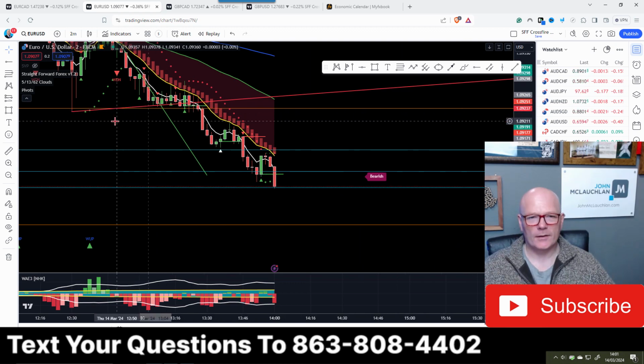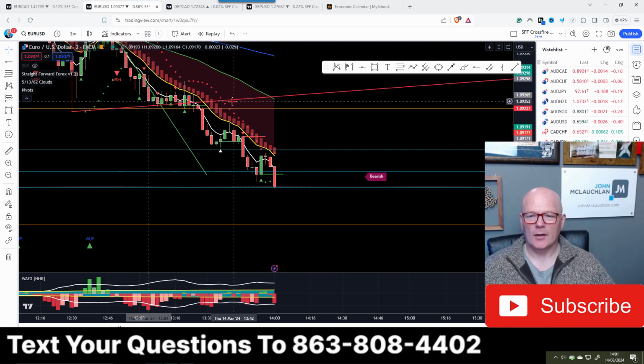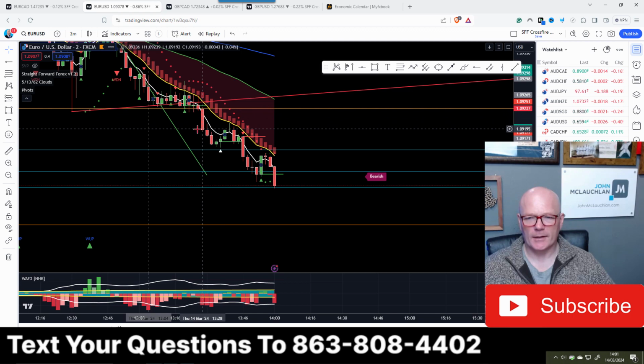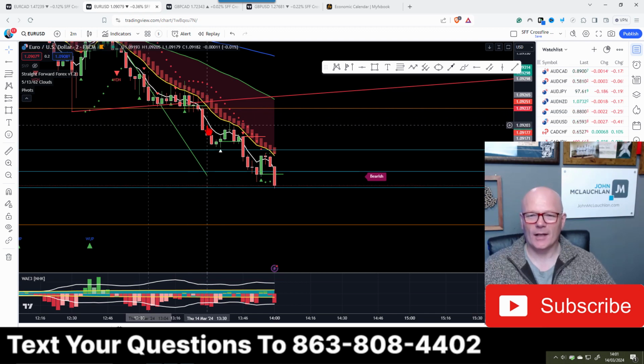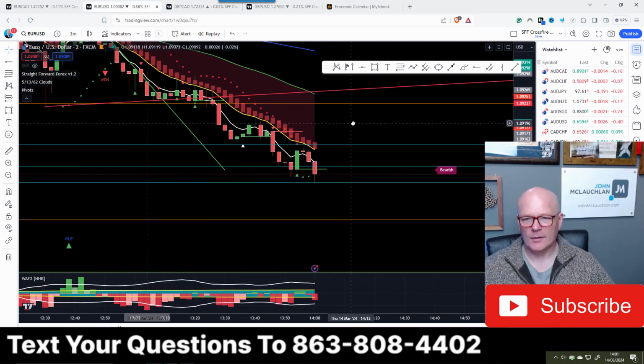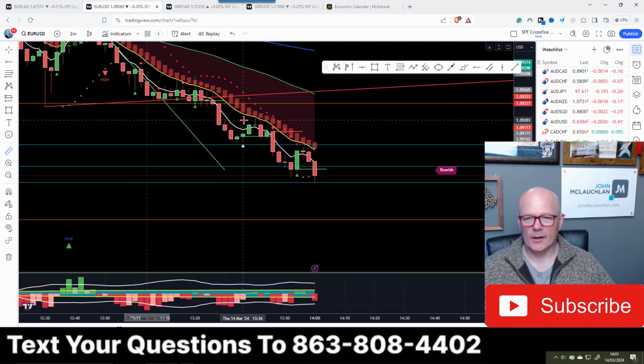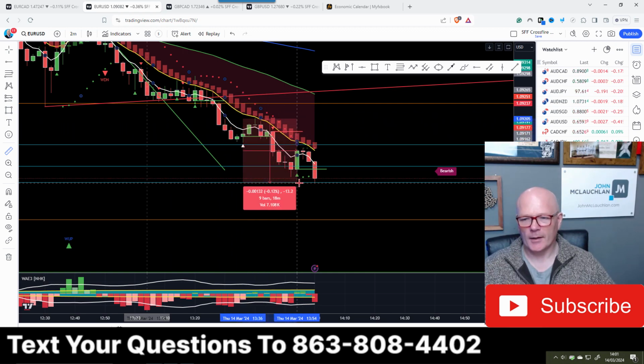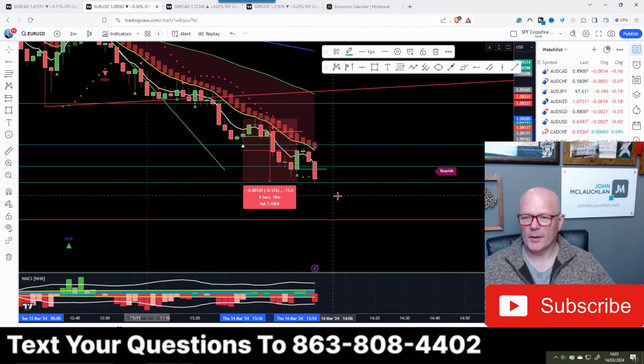So this Euro US really has followed slightly better on the strategy. Okay, so we've got the pivot here, and we've got this move to the downside. Then we had this candle here, possibly could have got in on that one. If we'd have got in on that one, it would have been in and then into a bit of drawdown, and then down here, down for what, 13 pips.